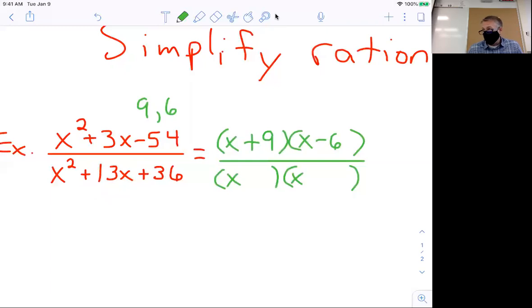Let's see, 12 and 3. I'm kind of in the ballpark, but that's not going to work either. But 9 times 4 is 36, and I can get 13 from 9 and 4. And that's plus 9 and plus 4 to get us a positive 13 in the middle.